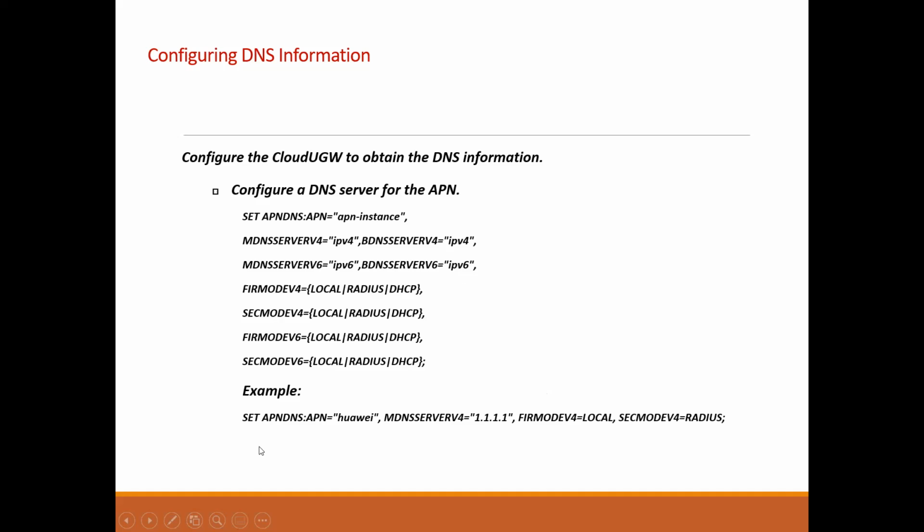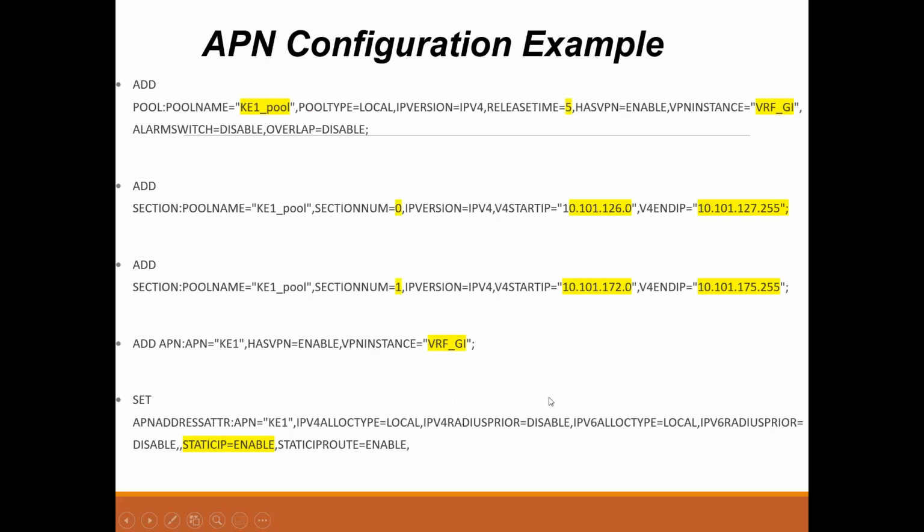So this is an example, and going forward, I'm going to show you a real example regarding the APN. Set APN DNS, the APN name, then you provide your primary IP address of the APN, and then you have the option of providing the backup IP address as well. So this is a real example. I think this is going to be easier for you to understand.